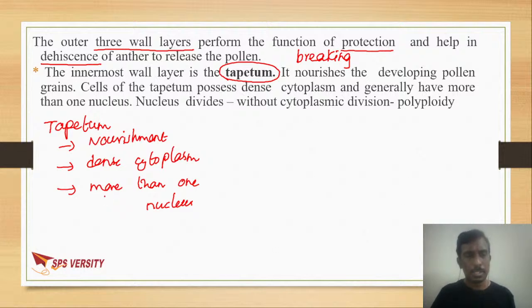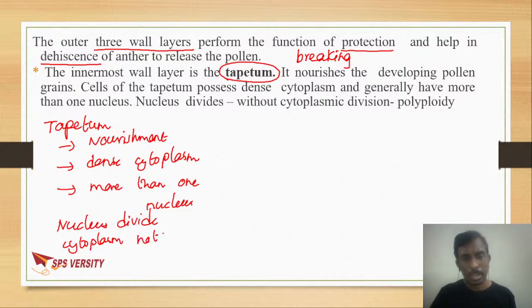The reason for this is that during the cell division process, only the nucleus will divide, whereas the cytoplasm doesn't divide, which leads to the multinucleate condition.